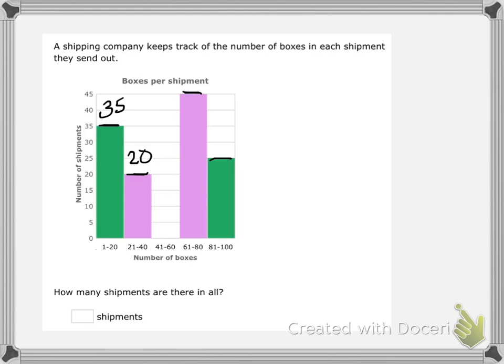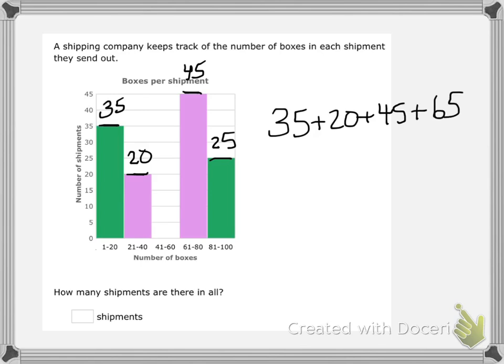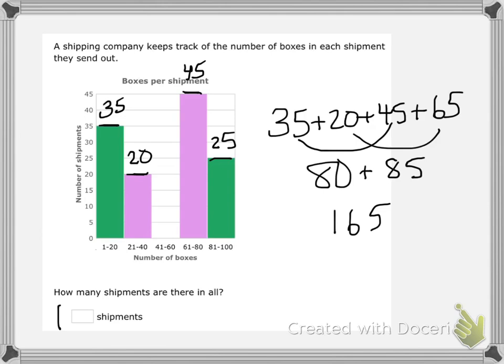For 61 to 80 boxes, there are 45 shipments. And the last one, 81 to 100, there are 65 shipments. So I'm going to be adding together the 35 plus 20 plus 45 plus 65. Let me think of an easy way to group these. 35 and 45 is 80, and 20 and 65 is 85. So that's 165 altogether.